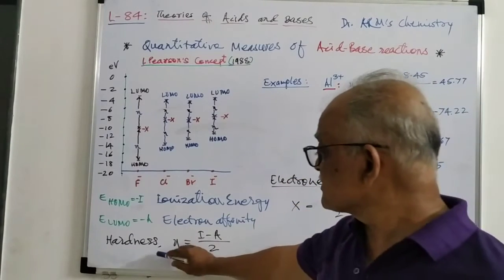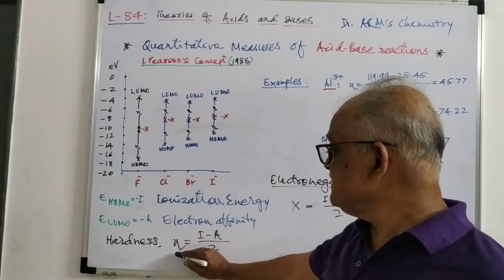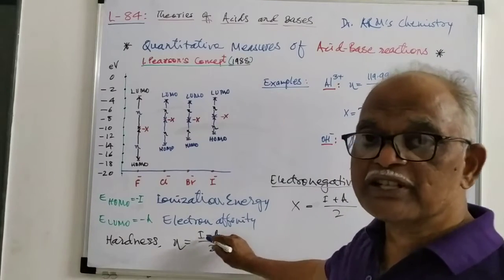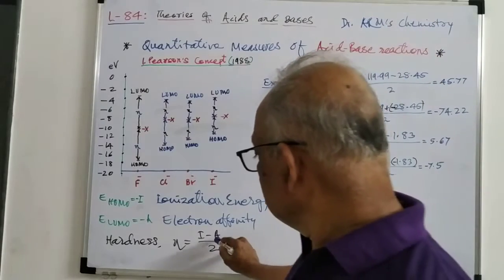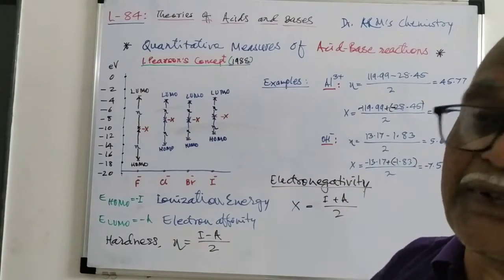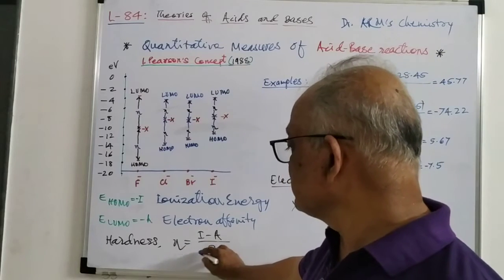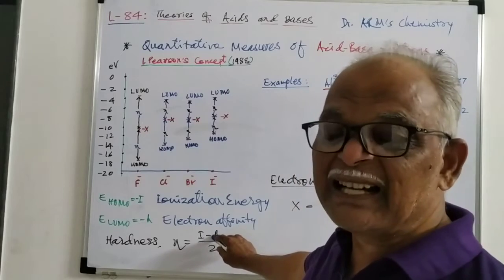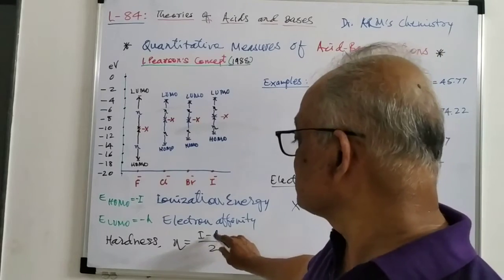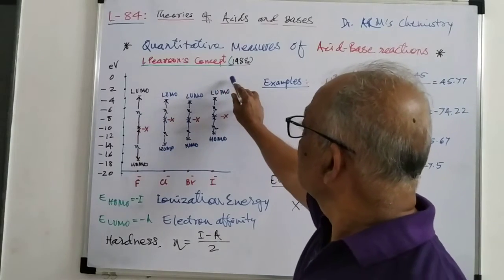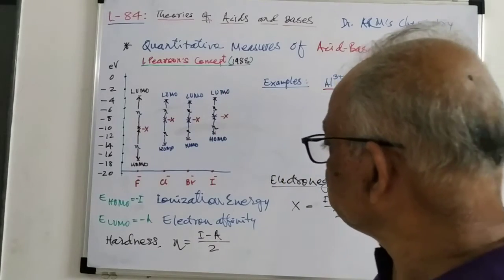Hardness is given as eta, which is half of the difference between the ionization energy and electron affinity values. This is the first term given by Pearson in 1988.